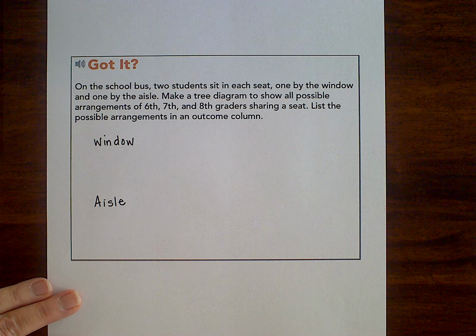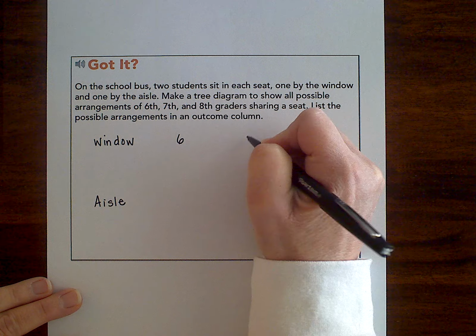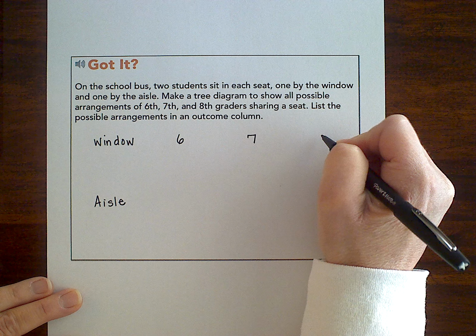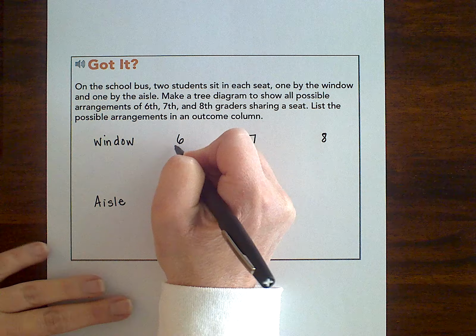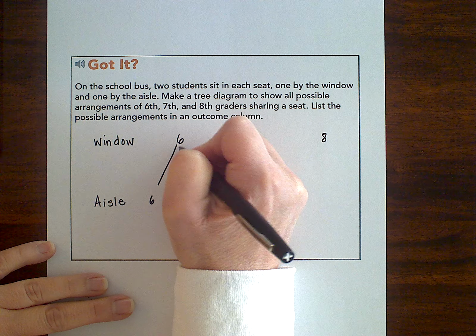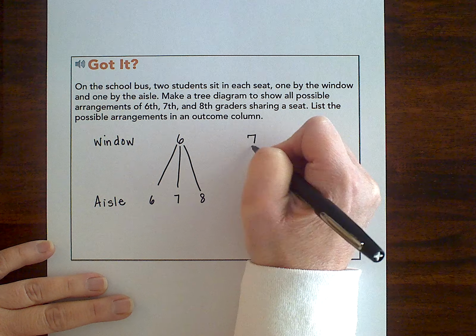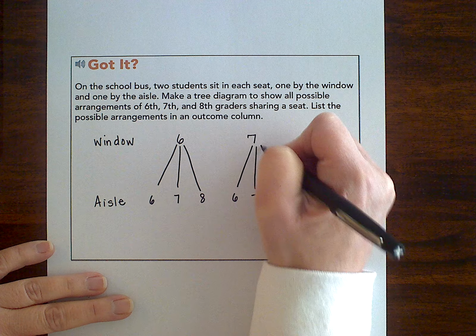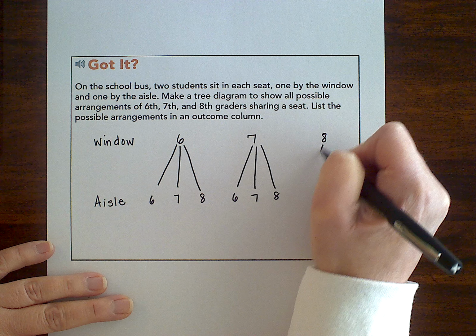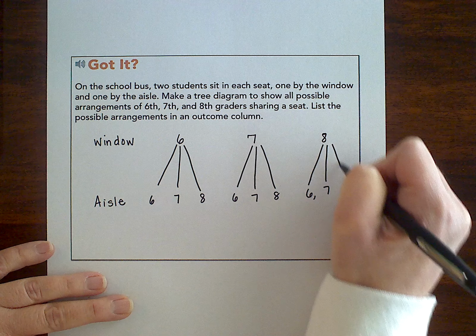Okay, so 6th graders could sit by the window. I could have a 7th grader by the window. I could have an 8th grader by the window. Now, sitting next to that 6th grader could be another 6th grader, a 7th grader, or an 8th grader. Again, 6th grader, 7th grader, 8th grader, and finally 6th, 7, and 8.